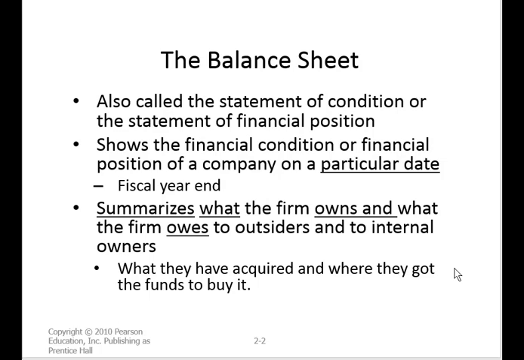So there's really two parts to the balance sheet. What assets does the company own, and where did it get the money to get those things? That where did they get the money is another way of also saying what money does it owe to its outsiders, to the creditors and to the shareholders of the company.